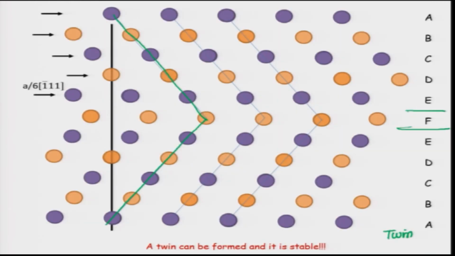So, there are a few things that we learned from here. Let us note down the important key points that we have just learnt. Stacking fault on 110 is not possible, and the reason was because what you will get is AA or BB type, which has very high energy.